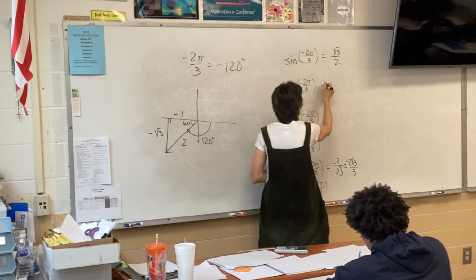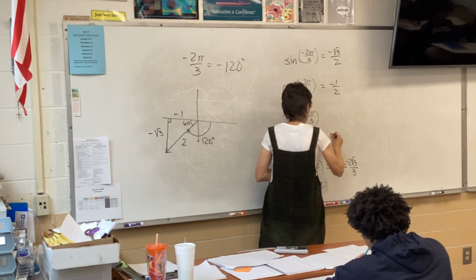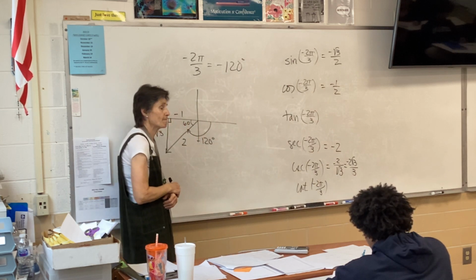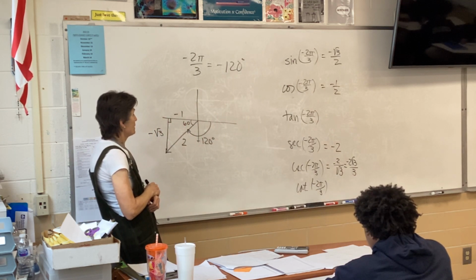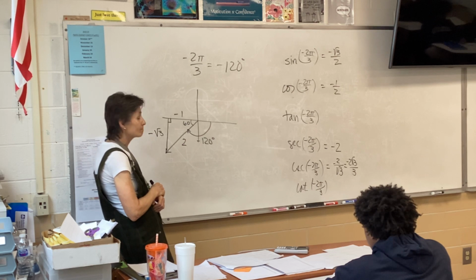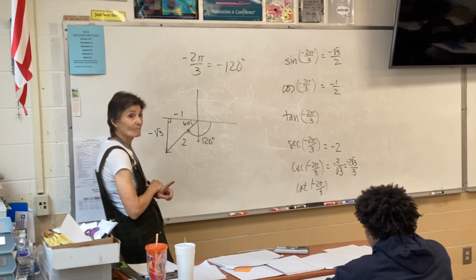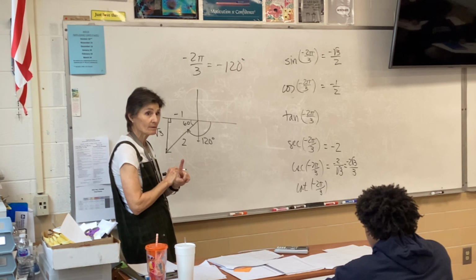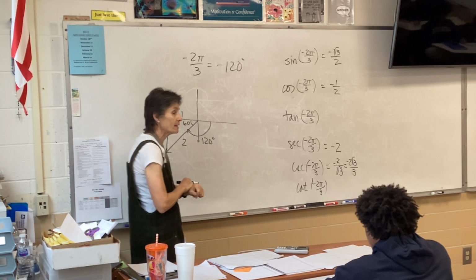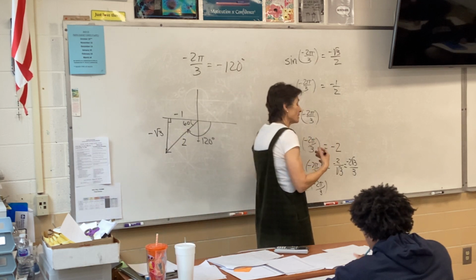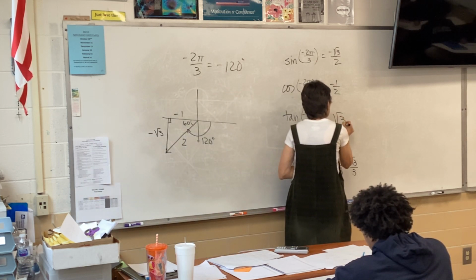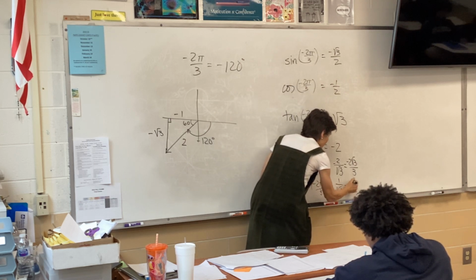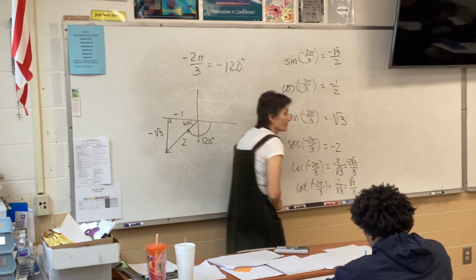Negative 1/2, which means the secant is negative 2. What's the tangent? Root 3. Positive, because X and Y are both negative. Opposite and adjacent are both negative, so that's root 3, which means your cotangent is 1 over root 3, or root 3 over 3.